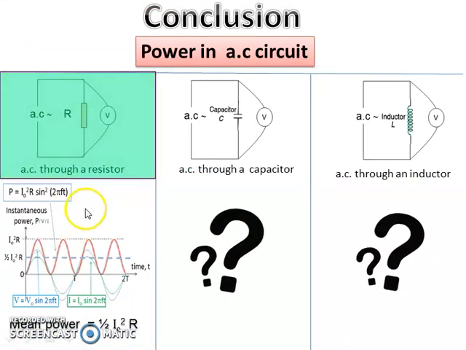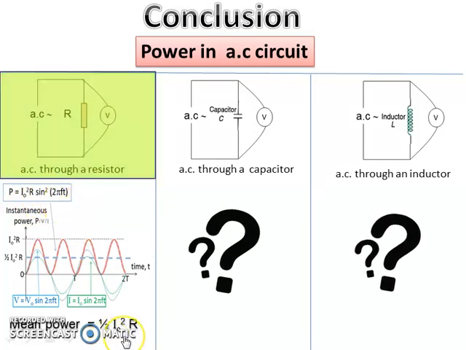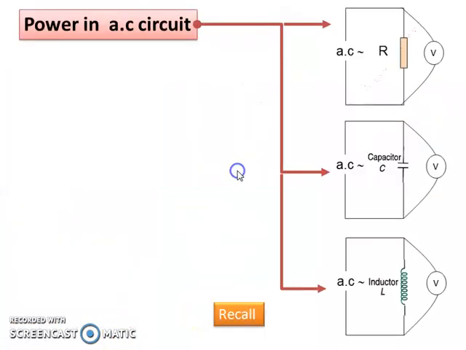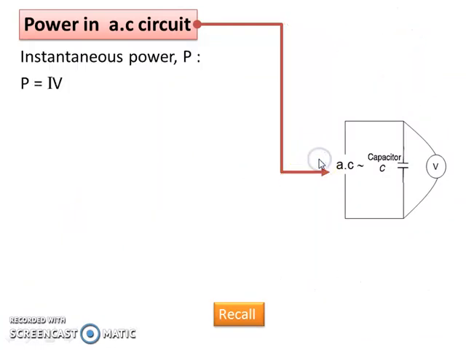So we've done AC through a resistor. The power we get is I naught squared R sine squared 2 pi ft, and the mean power is half I naught squared R. Next we discuss power for the capacitor in an AC circuit.